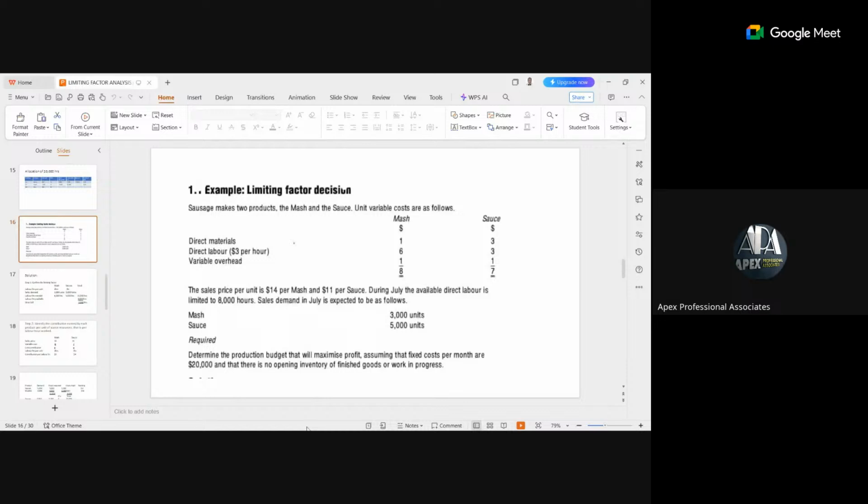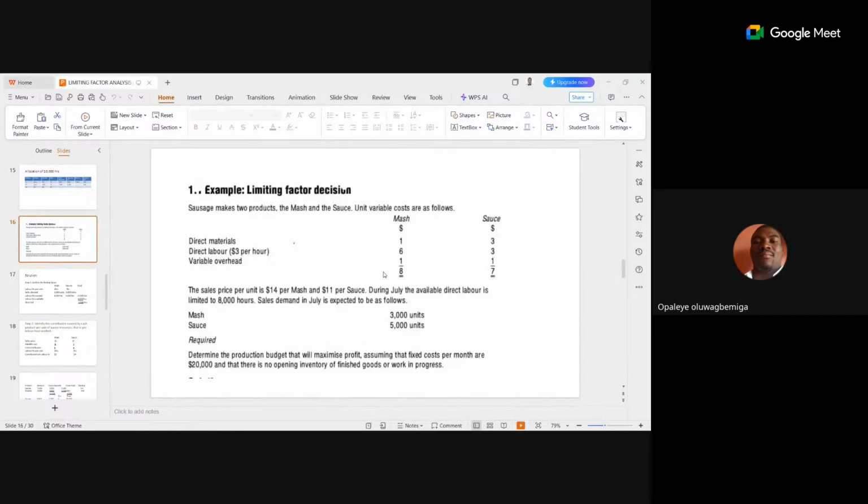Can someone please read this question on the screen? Sausage makes two products, the mash and the sauce. Unit variable costs are as follows: mash, sauce. Direct material $1 for mash and $3 for sauce.